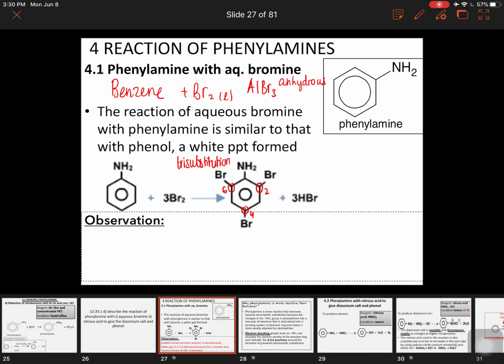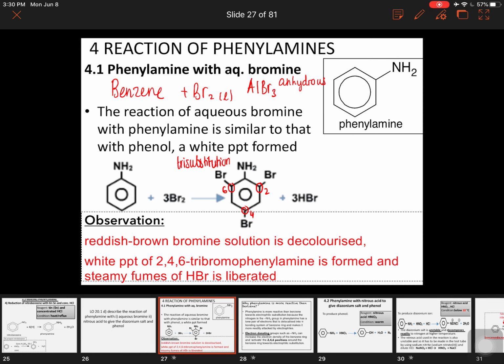Okay, so the observation you would see is the first one is the appearance of your product, which is 2,4,6 tribromophenylamine. The product is similar to that of when phenol reacts with bromine, where you get a 2,4,6 tribromophenol. It appears as white precipitate.